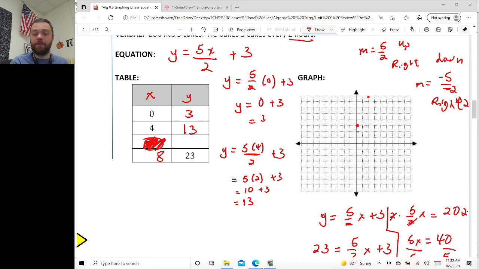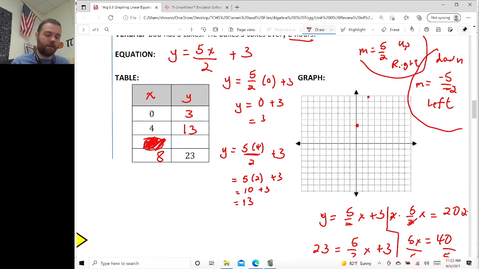So from that y-intercept, I can go down 5, left 2. So I go 1, 2, 3, 4, 5, and left 2.